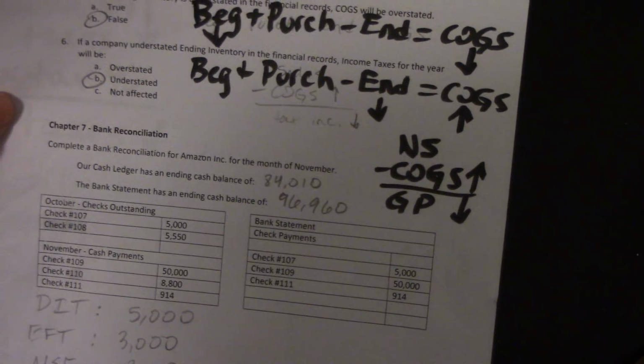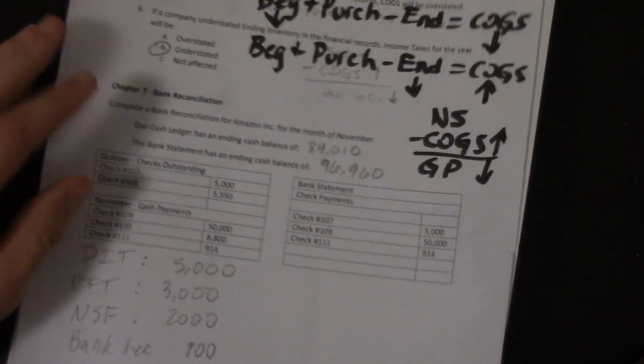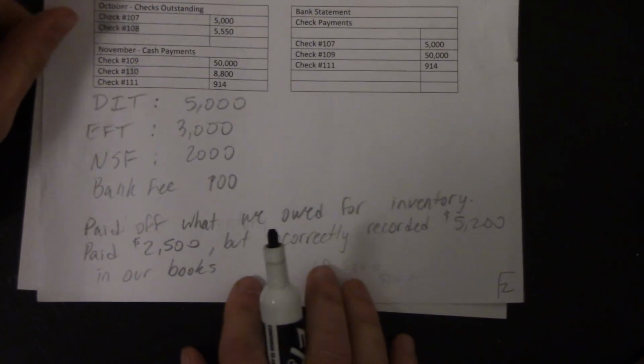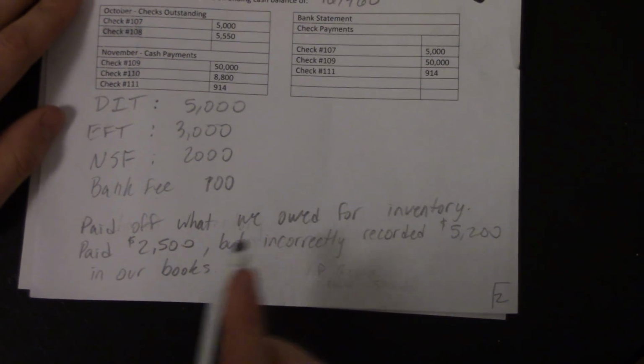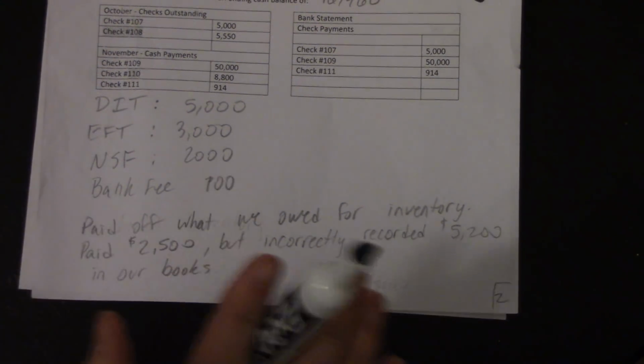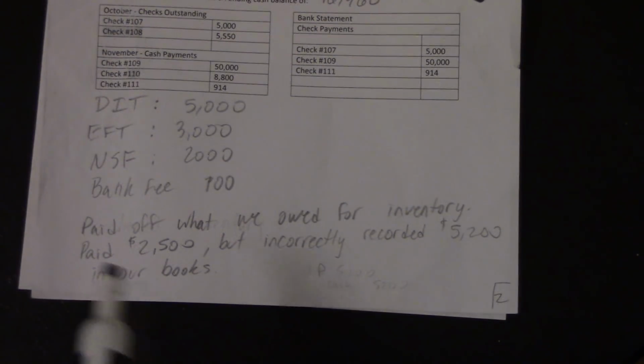Okay, so that's the multiple choice. Now we go to Chapter 7, the bank reconciliation. Unfortunately, when I made this, I guess I was really tired and I didn't write all the information that you needed. So hopefully you can see it here.